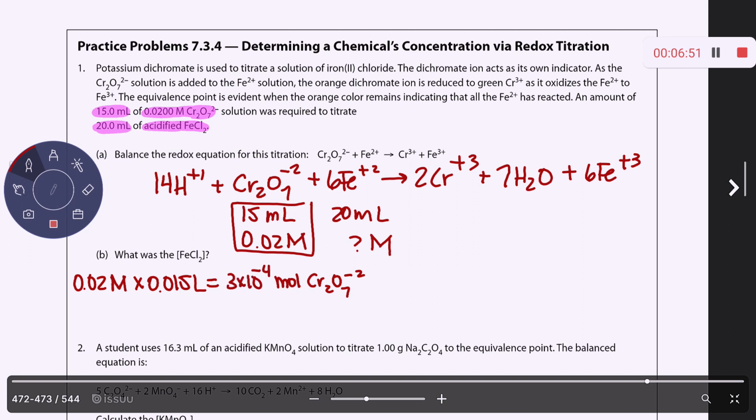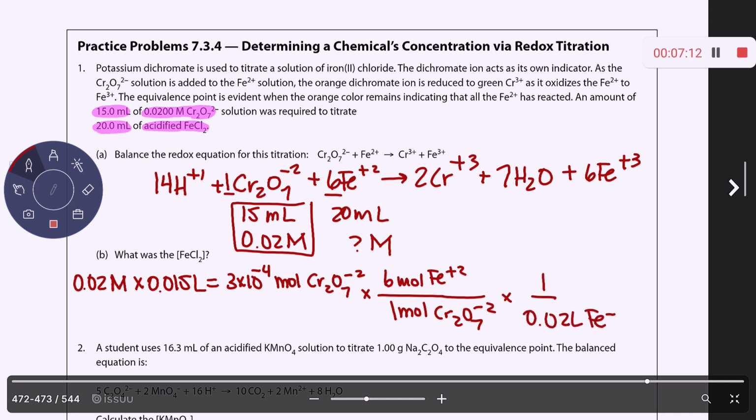Then you have to do your mole ratio. So you've got 1 dichromate for every 6 iron(II). Okay, and then we're going to divide it by 0.02 liters of iron(II), and this is going to give you your molarity. Okay, I don't think we need to do number 2. It's the same sort of setup.